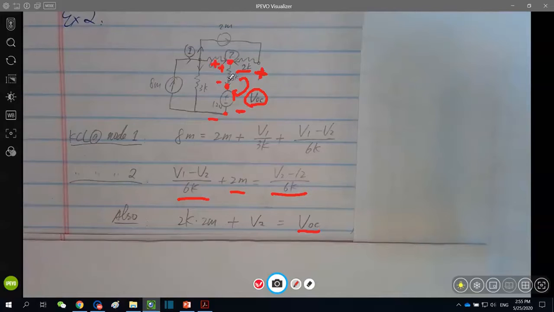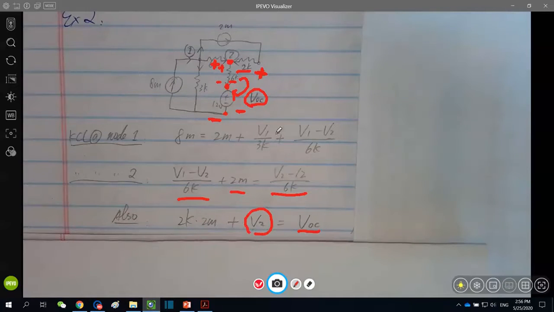So be careful. I'm not separately considering the voltage across 6K and 12 volts. I'm summing them up as V2, and a negative V2, since we are coming across the negative of V2 first. So VOC minus V2. Of course, here I'm moving V2 to the other side of the equal sign, so here is positive V2.